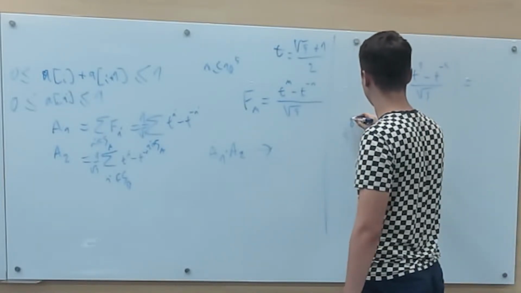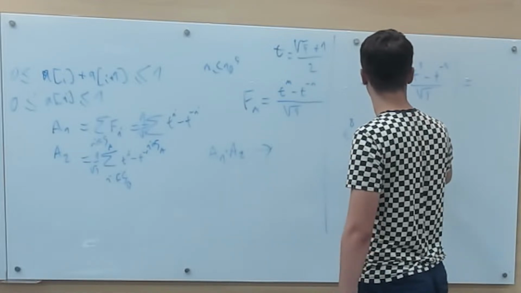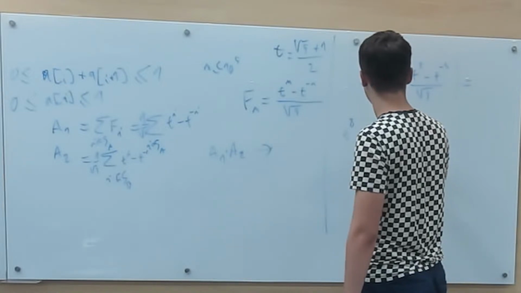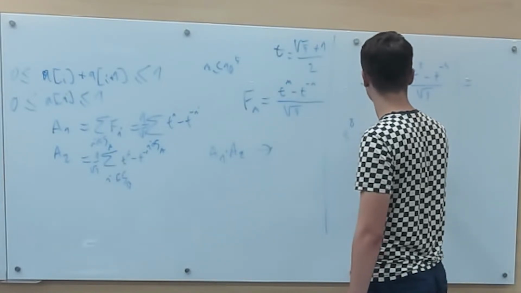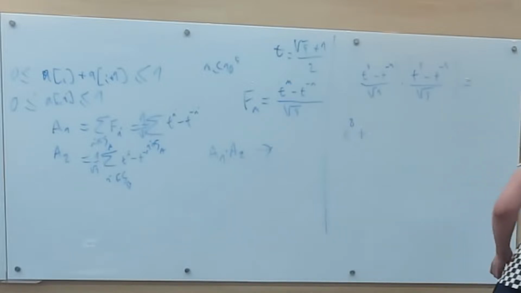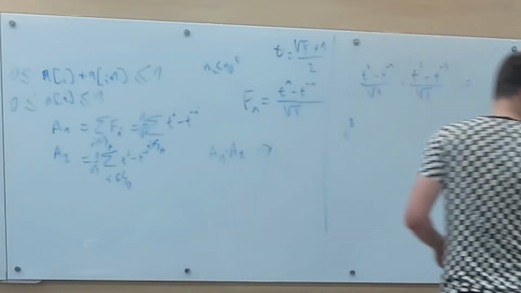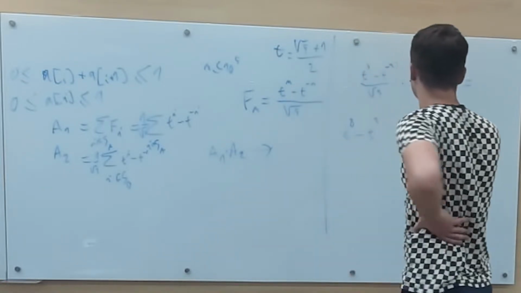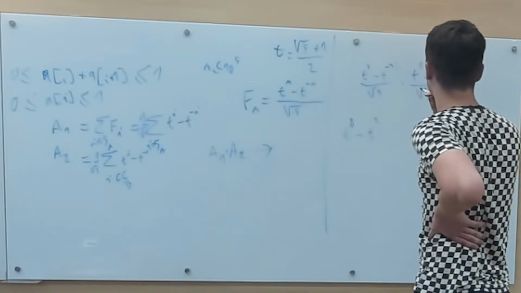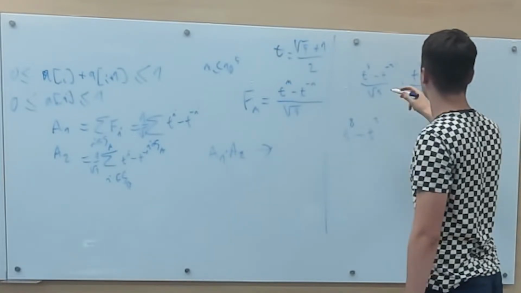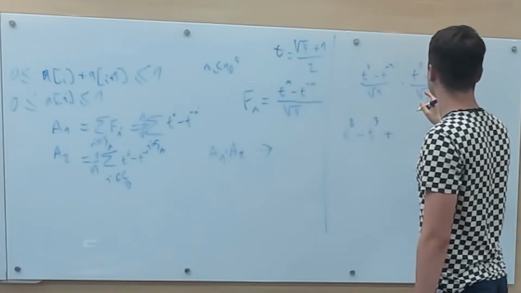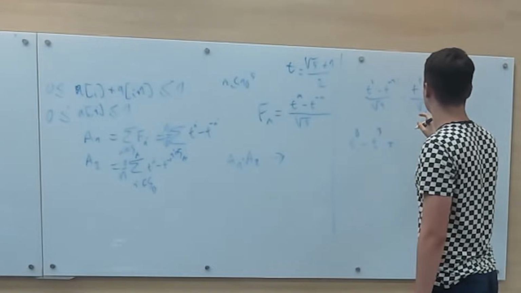We get t to the power of 8, minus t to the power of 3.